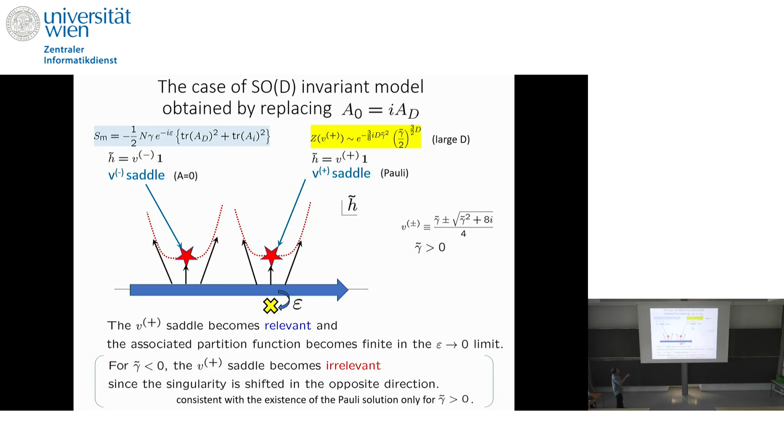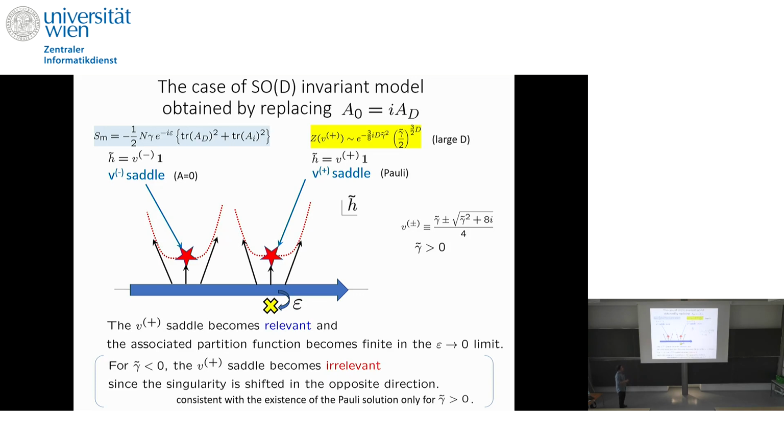In that case, we can introduce this convergence factor epsilon in the original matrix model, and that will shift this singularity to the upper half plane. And therefore, this saddle point, this is the trivial saddle point. This is basically the saddle point that corresponds to the Pauli solution. These become relevant saddle points because we can shift this singularity once we introduce this convergence factor.